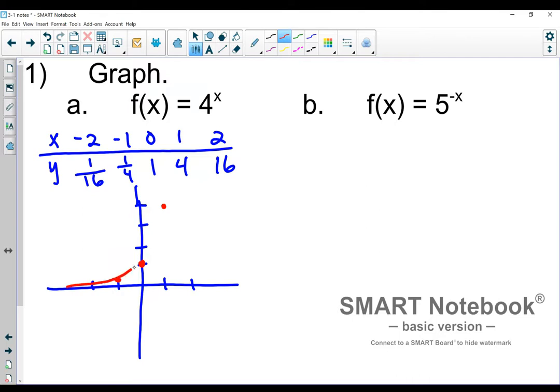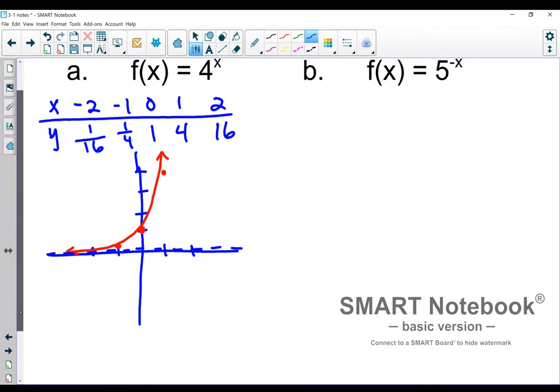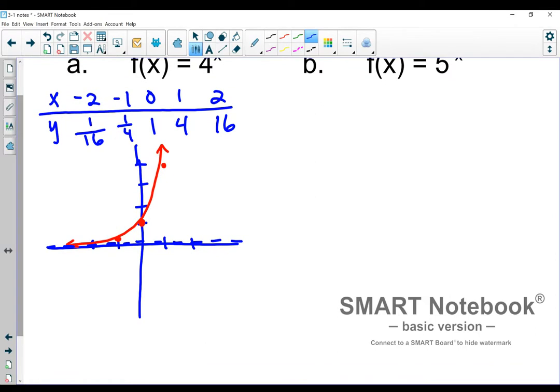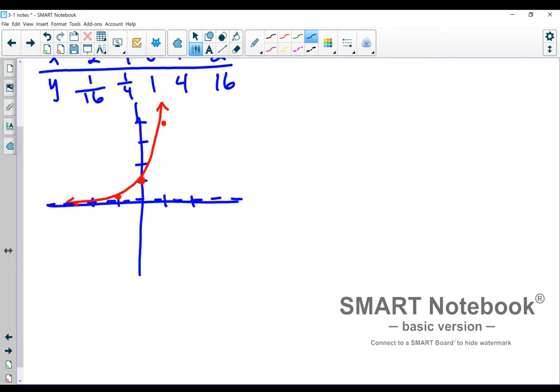So that looks pretty good. We can't actually put very many of those points on the graph. And then it looks like I have an asymptote here. As I keep raising the 4 to smaller and smaller exponents like -3, -4, -5, I'm going to get closer and closer to 0, but I won't quite reach 0.